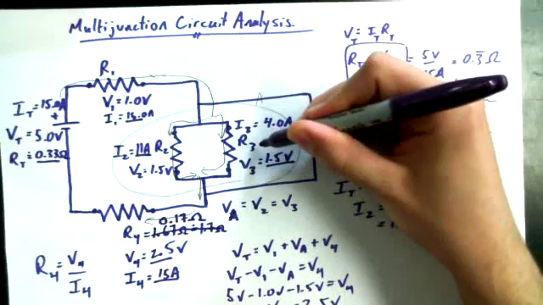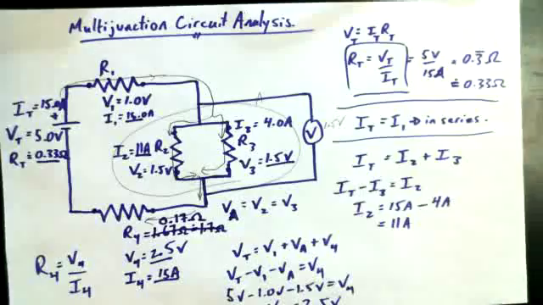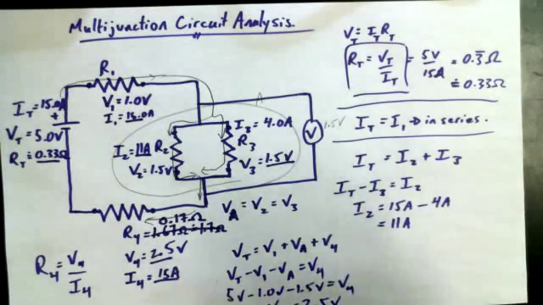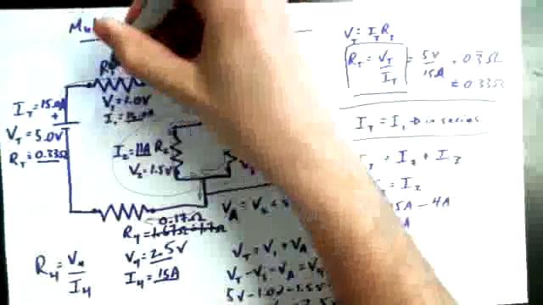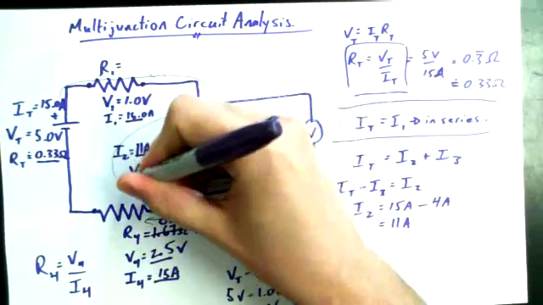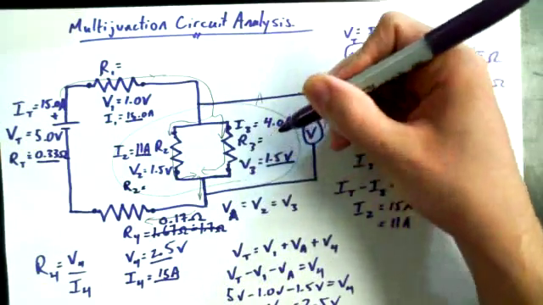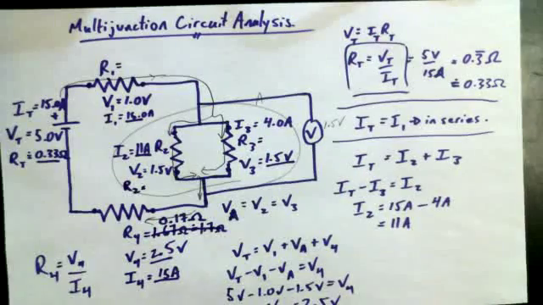Let's find it for R3, R2, and R1. Okay? You guys go. Take a minute, find R1, R2, and R3. They won't be the same. As it turns out, these resistors are not identical.